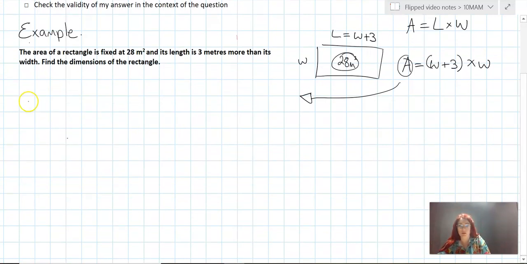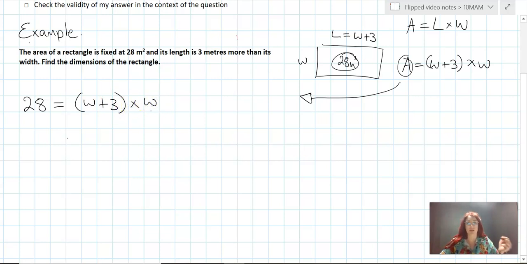Because to start with, we have 28, our area, is equal to the width plus 3, which is our length, times the width. Now this looks like the questions we were doing when we were learning to solve, where we've got to rearrange a bit.